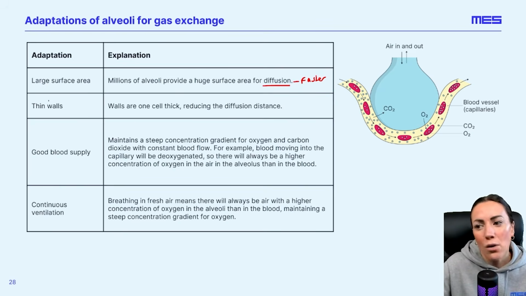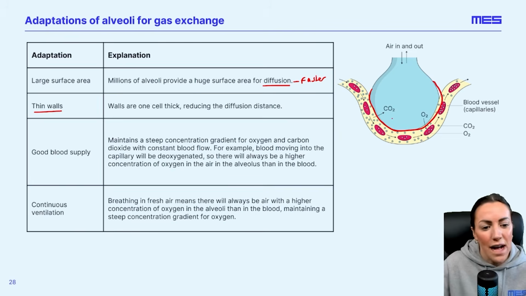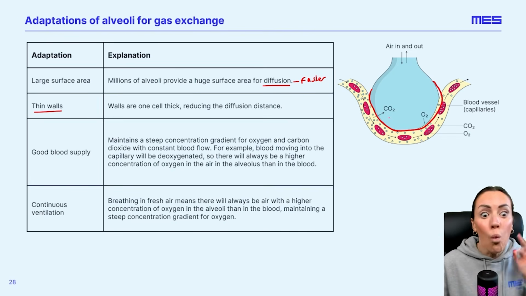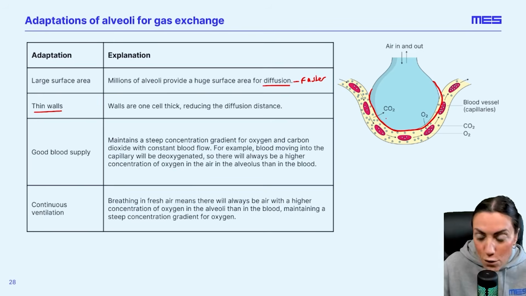The alveoli also have thin walls. So if we look at our alveolus here, this is the wall of the alveolus, yeah? And the wall of the alveolus is thin. Don't say the alveoli are thin. It's the wall of the alveolus that's thin. And it's the wall of the alveolus that the gas exchange by diffusion is taking place over.